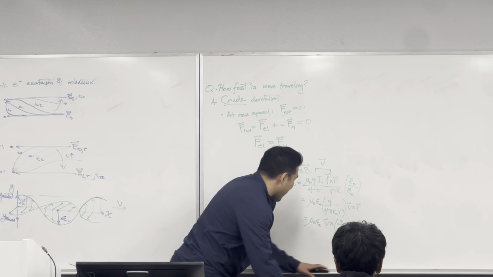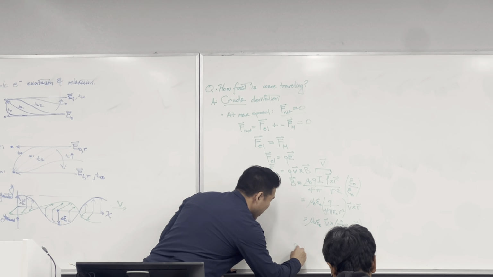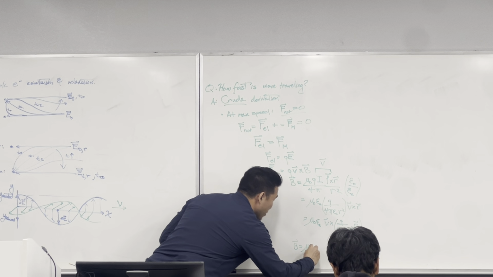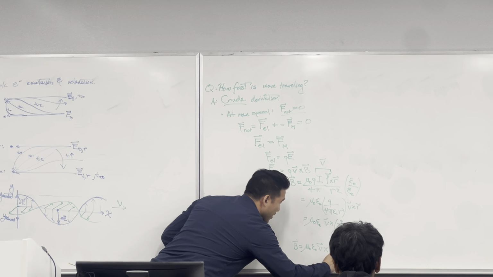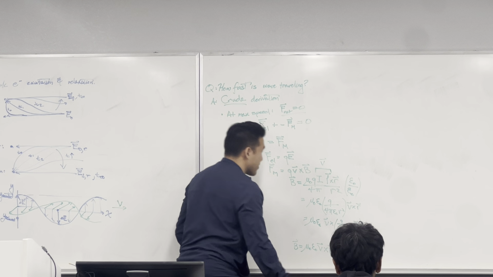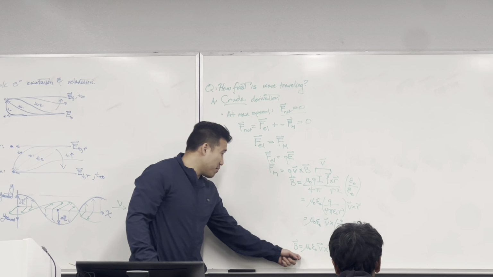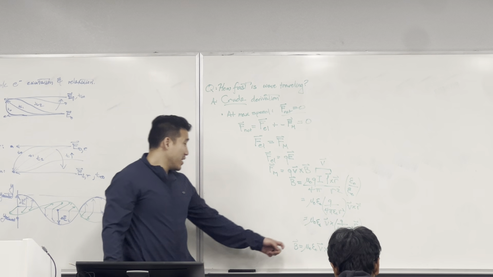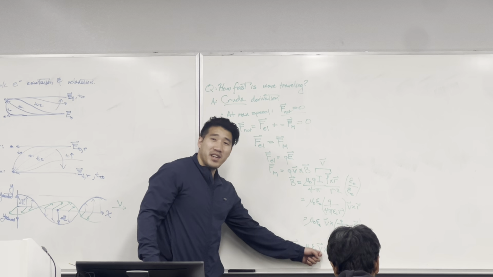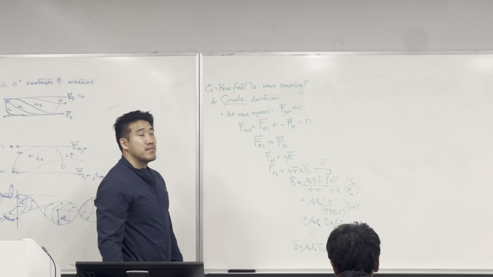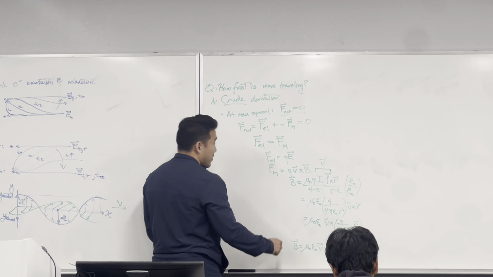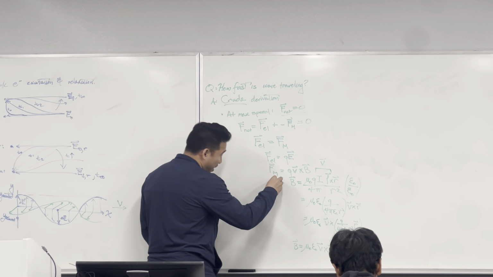So what the magnetic field is equal to is mu naught epsilon naught V cross E. That is what the magnetic field is equal to. So we plug it into here.